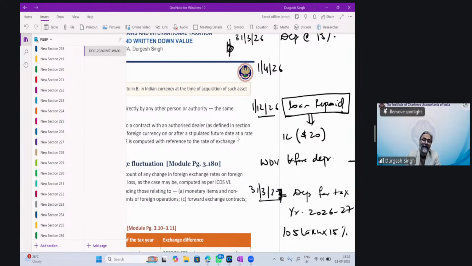Deliberately, this is the reason why I changed the date. You people should have noticed it. And the depreciation amount, I think, 105 lakhs at 15% is 15 lakhs 75,000.